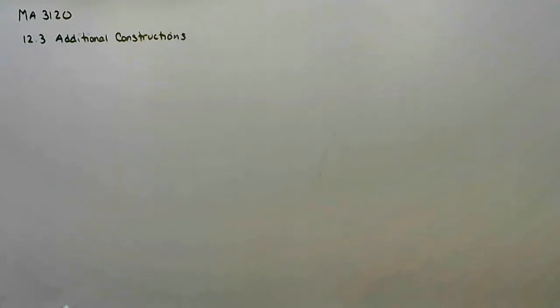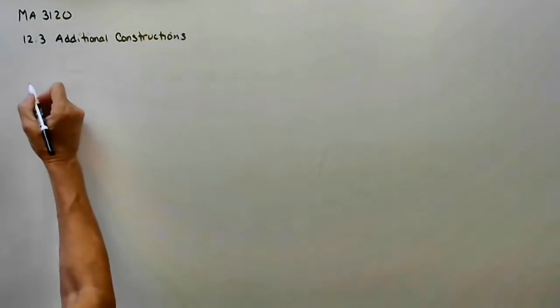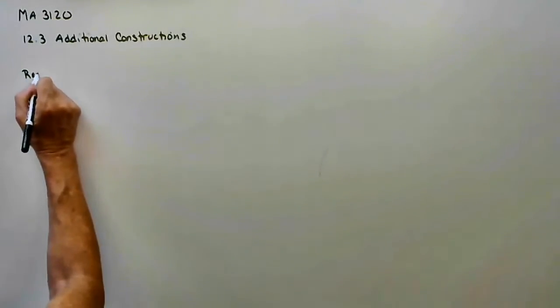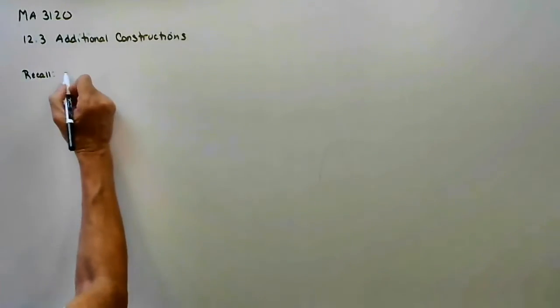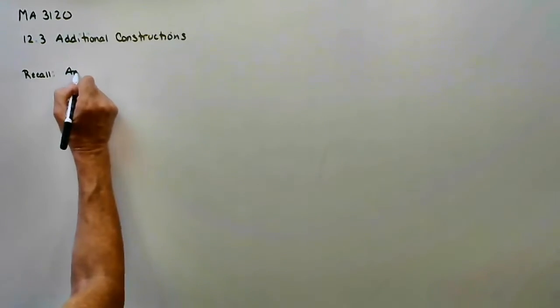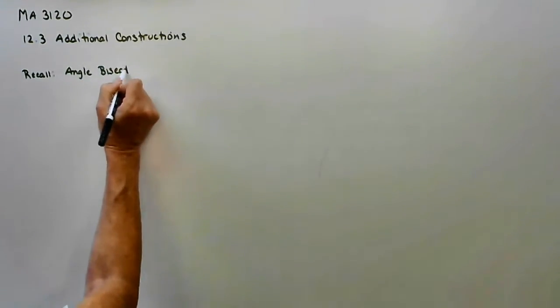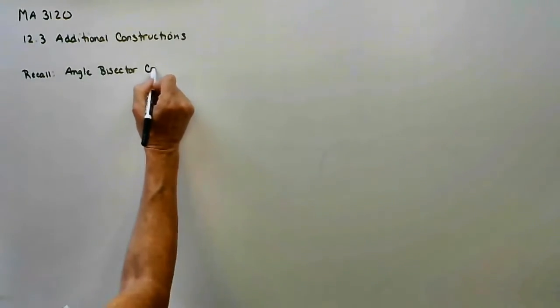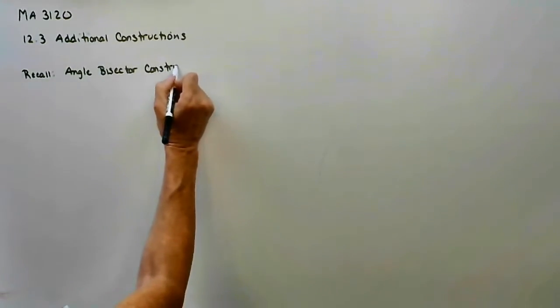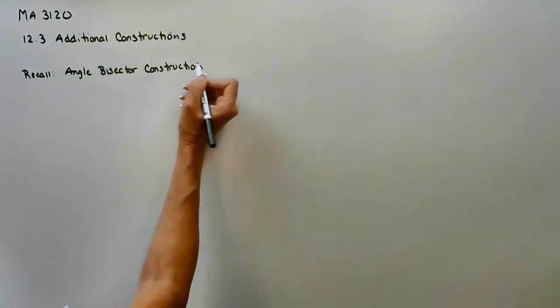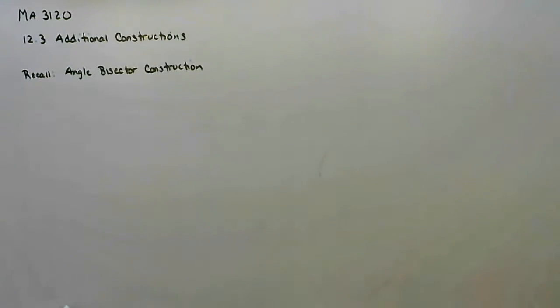So let's first recall and do the construction of an angle bisector again. See if you can remember from last section. And then we'll take a look at some properties or theorems regarding some angle bisectors.